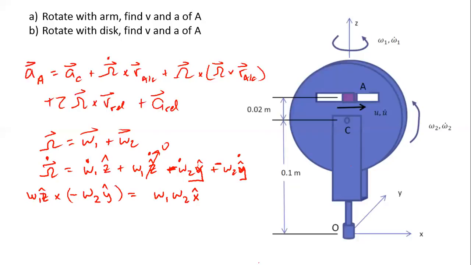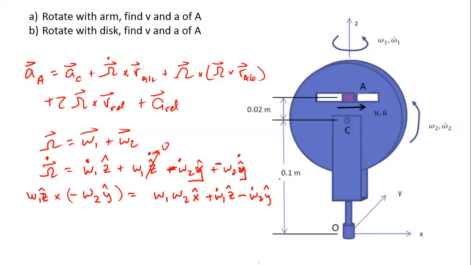It's increasing, right? So we still have the omega 1 dot. And was omega 2 having any change? Yep, and that's also going, right? So we have omega 2 dot in the y, okay?